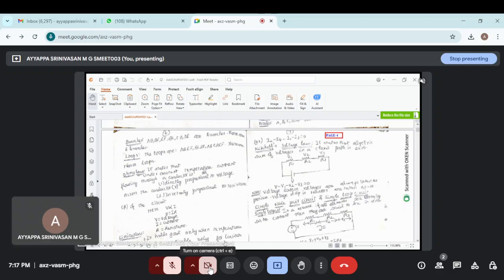Voltage rise is nothing but the voltage across the voltage sources, and voltage drop is nothing but the voltage across an element such as a resistance. So if we add the voltages across the resistances, that is the voltage drops, it will equal the sum of voltage rises, that is, across the battery or voltage source.